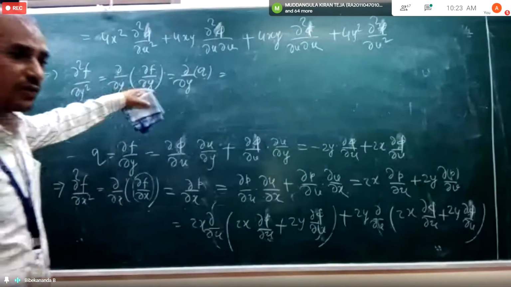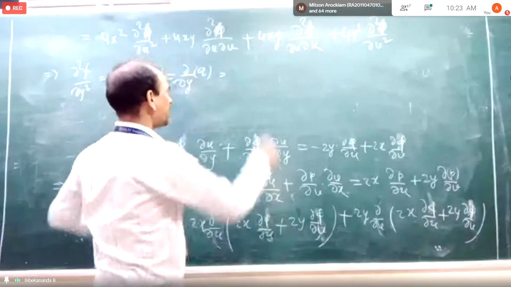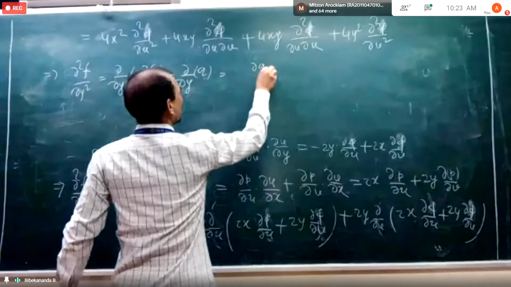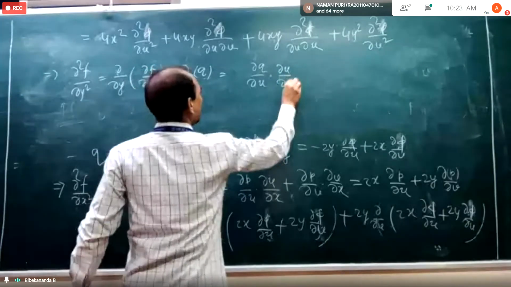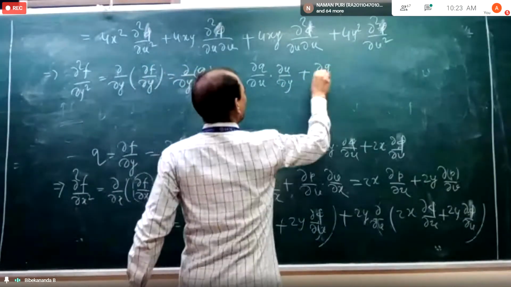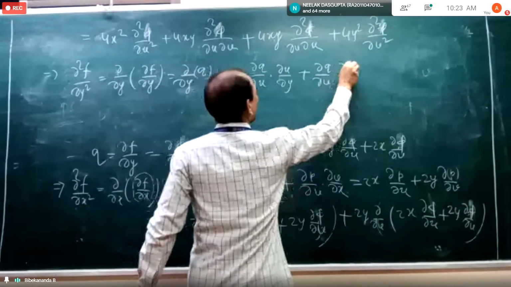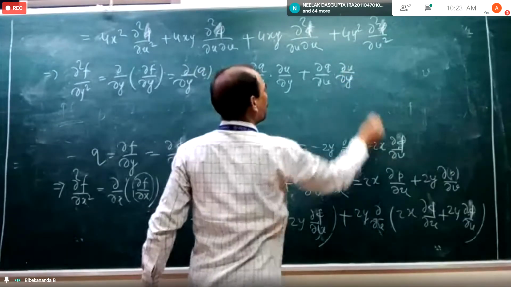Now what is the chain rule here? What will be the chain rule? Tell me. ∂q/∂u into ∂u/∂y plus ∂q/∂v into ∂v/∂y.